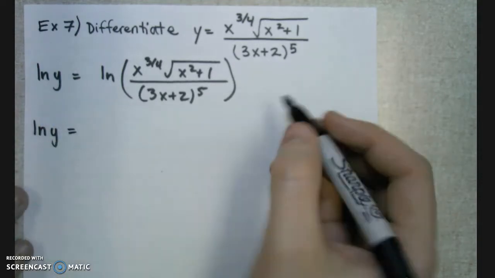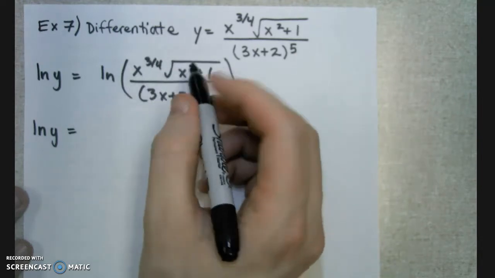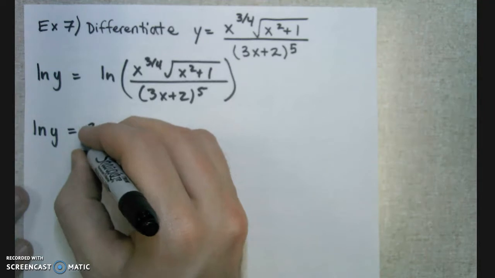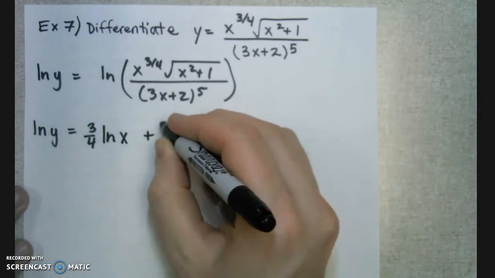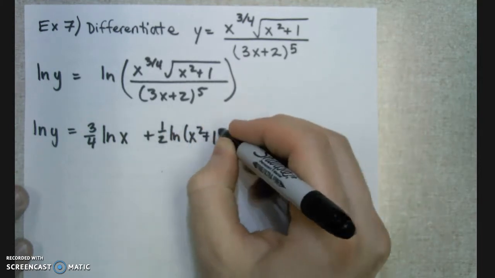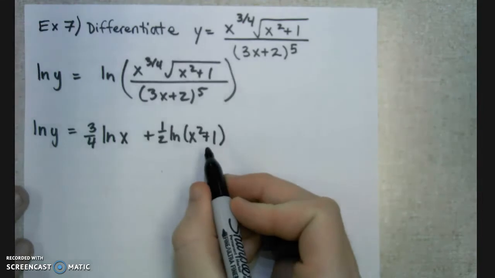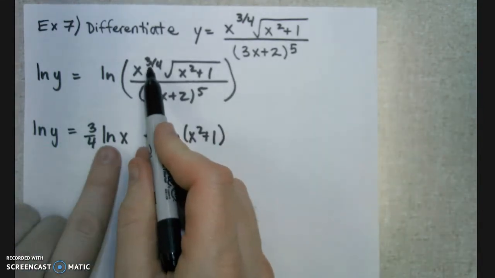So on top, I'm going to split the x to the 3/4 and the square root. So it's going to be 3/4 natural log x plus 1/2 natural log x squared plus 1. Now this is all the top. So what I did was I brought the exponent in front of the natural log.